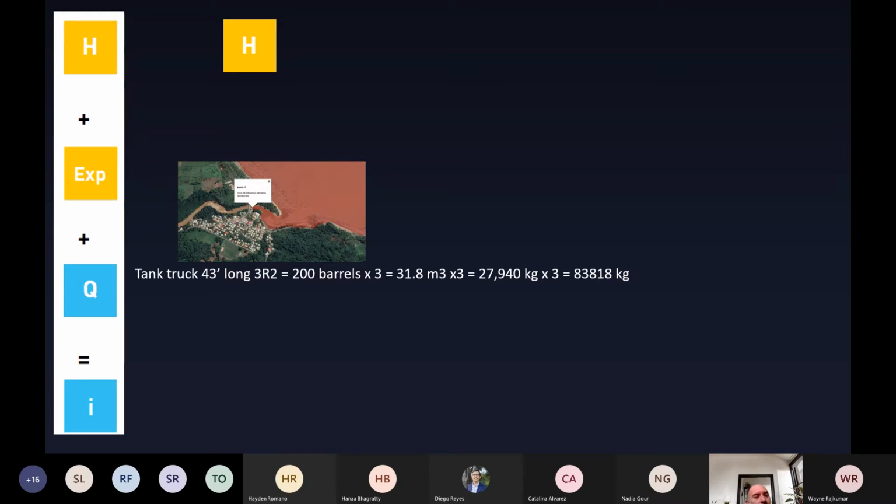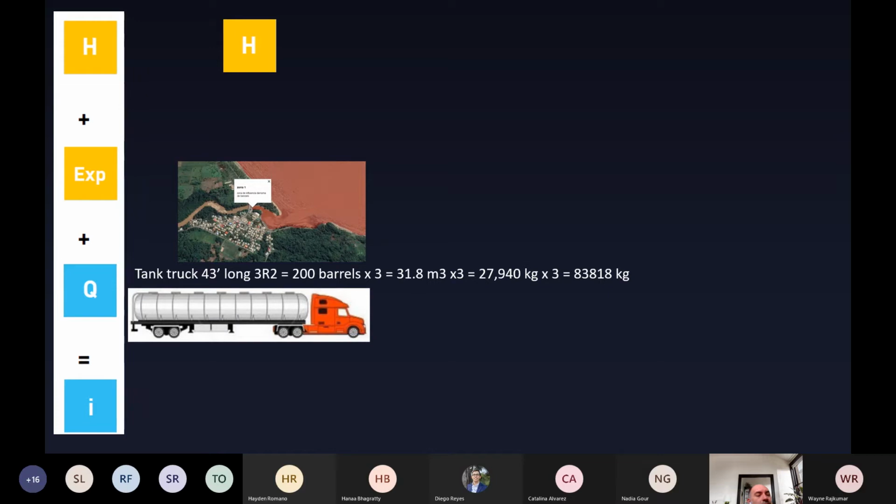Just one click, Diego. These are the 3R2 trucks. Three is for the first three axles of the truck, and two for the two trailing axles.